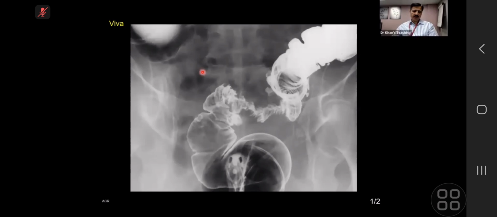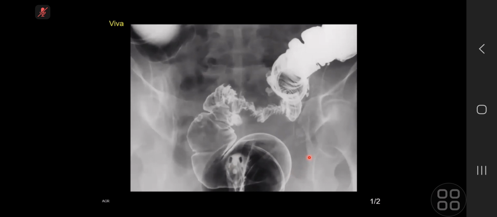Yes, please. What's happening here? It's a sigmoid colon with quite marked stricture, with a bit of ulceration as well. There's an apple-core kind of stricture. I cannot see the shoulder ring though. I cannot see the rest of the bowel.